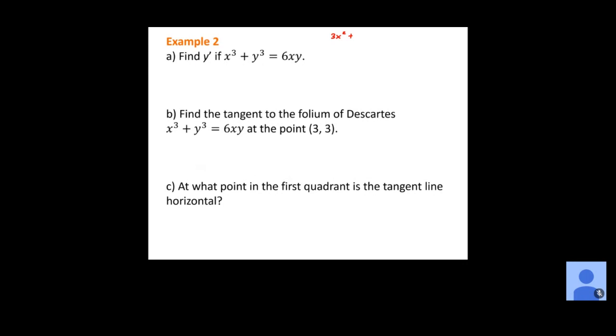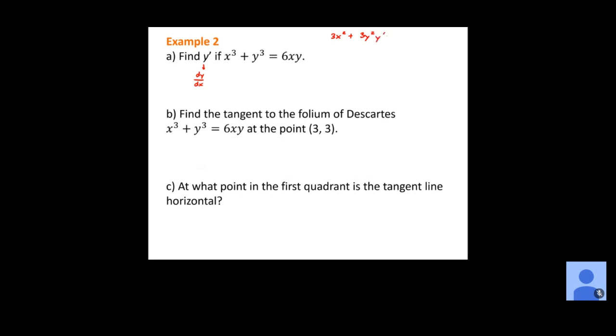Okay, so we get 3y squared. And then we need the derivative of y with respect to x. So just make sure it's dy dx instead of dx dy. y prime is the same thing as saying dy dx, so we can actually just put y prime there instead.